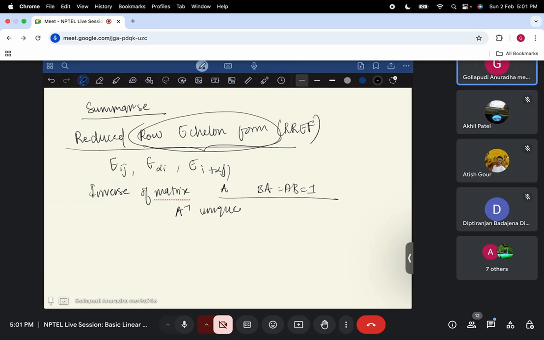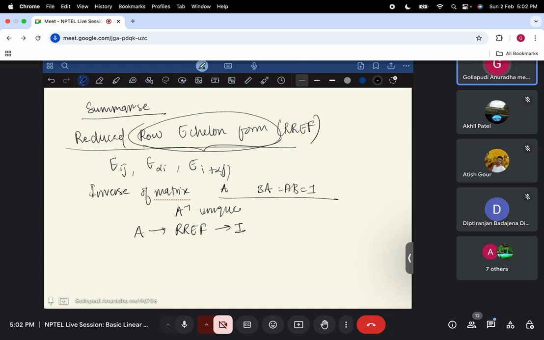To know whether the matrix A is invertible or not, we'll try to find the reduced row echelon form of A, and if that is the identity matrix, then the matrix A is invertible.